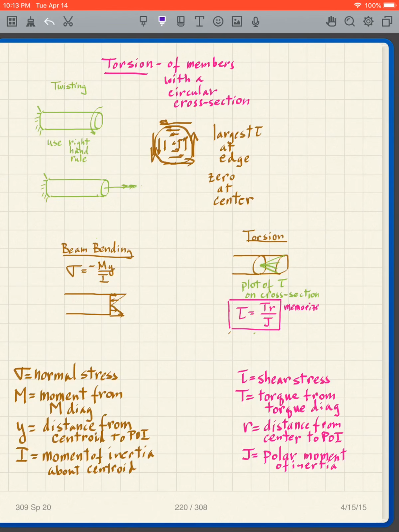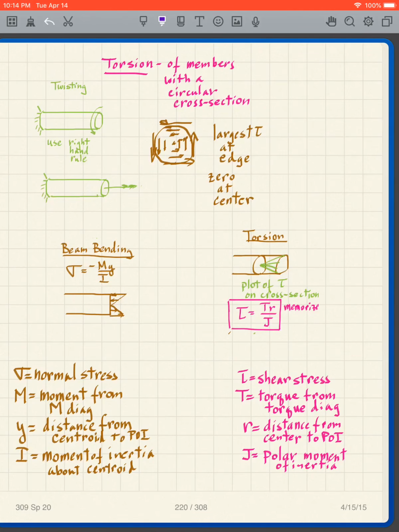That basically illustrates the concept that we're going to find that the shear stress, tau, is what we're interested in, and the largest shear stress happens at the edges. If I indicate this with the length of the arrows, we see that the greatest shear stress occurs at the edge, and then as we get closer and closer to the center, it drops.